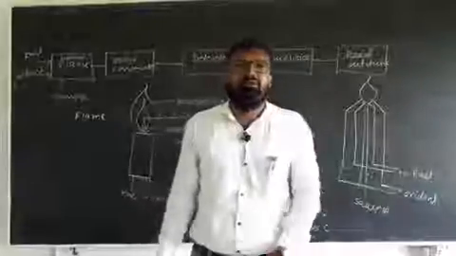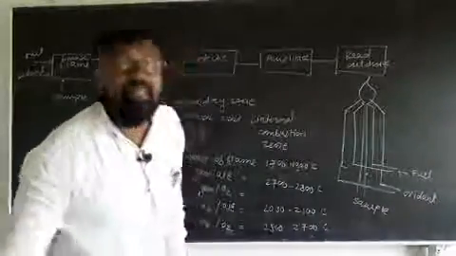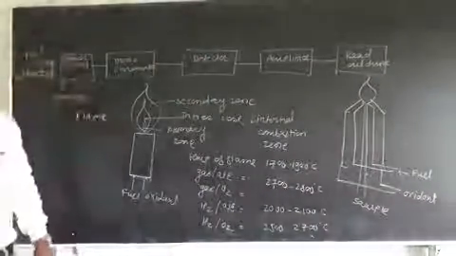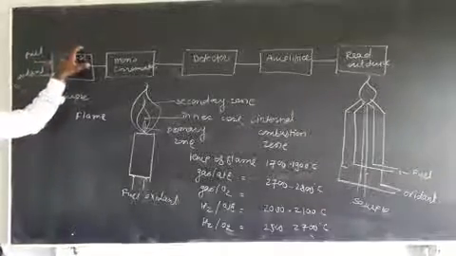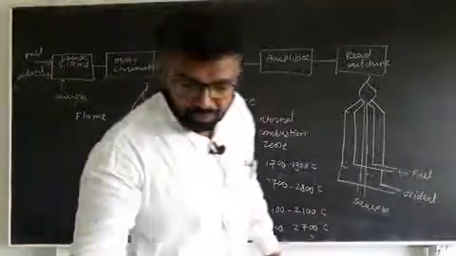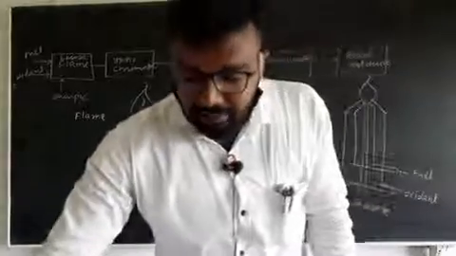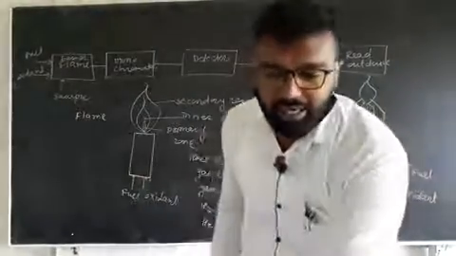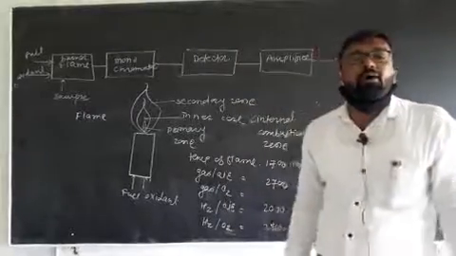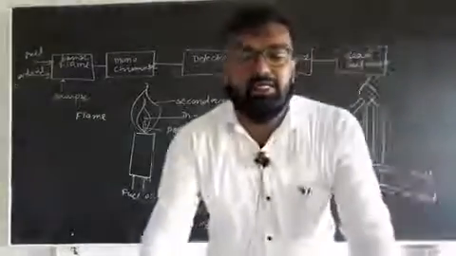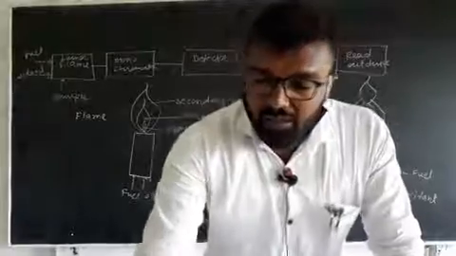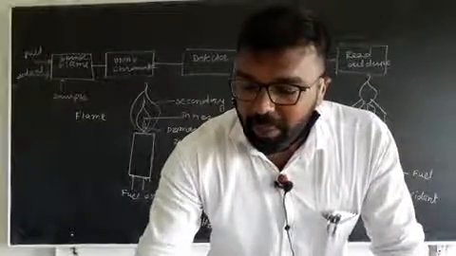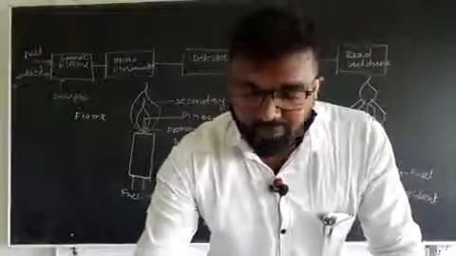Good morning friends. In the last lecture we discussed the introductory part, the application and the principle of flame photometry. We had seen that the principle of flame photometry is that a sample is injected into the flame in the form of solution, leaving behind the solvent to form a residue inside the hot flame.